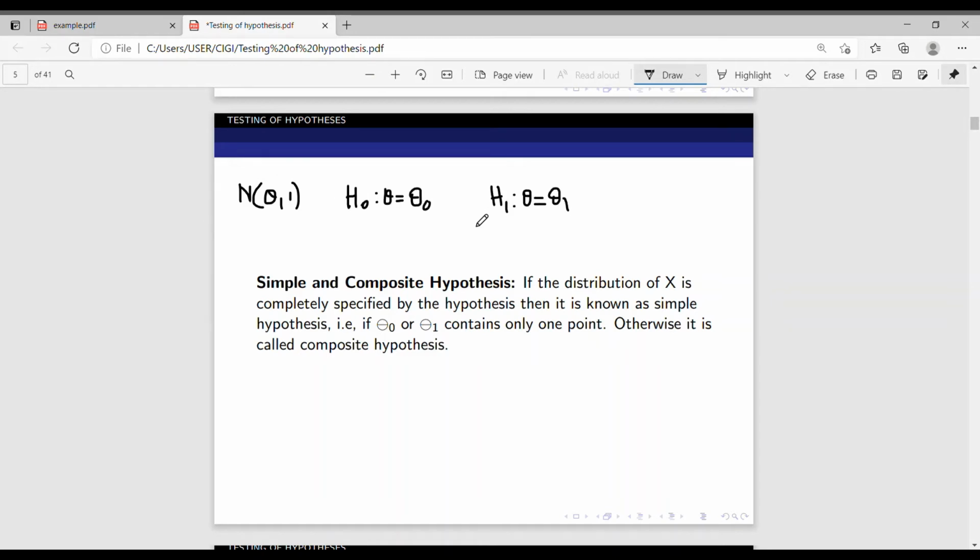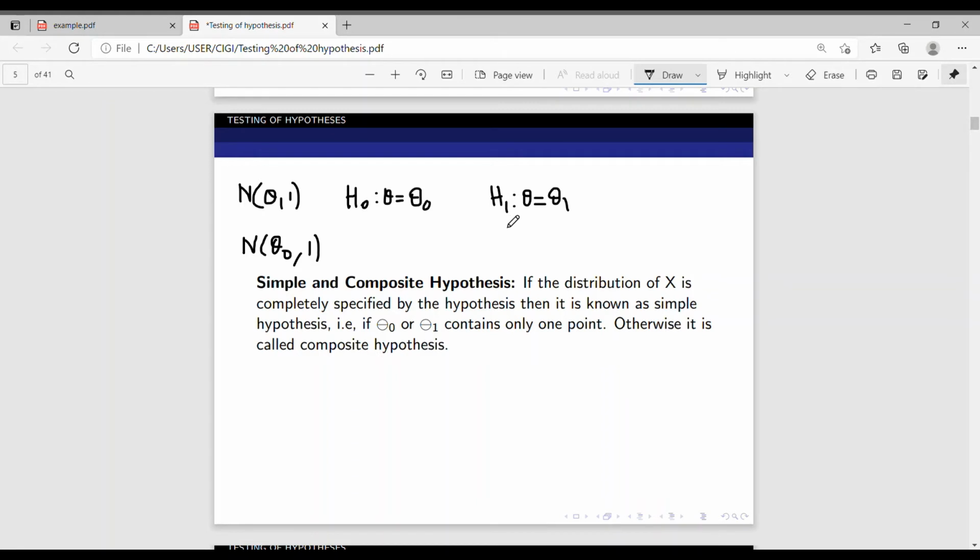Suppose we accept our null hypothesis, then it is clear that the value of theta is theta naught. Then the information about the population is completely known: the samples are drawn from a population with mean theta naught and variance 1. So the distribution of the random sample is completely specified by accepting the null hypothesis.